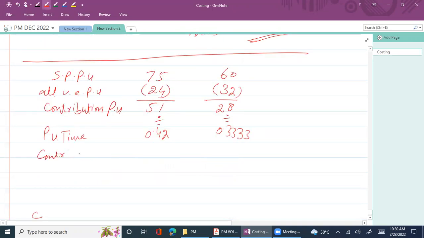So please share the answers of contribution per hour for alpha and for beta. Please be quick.